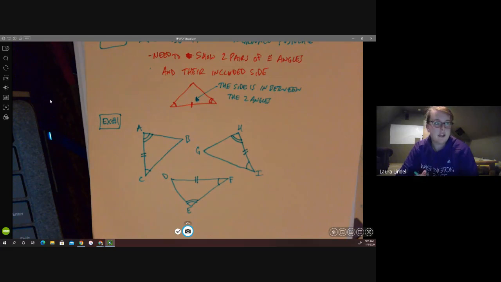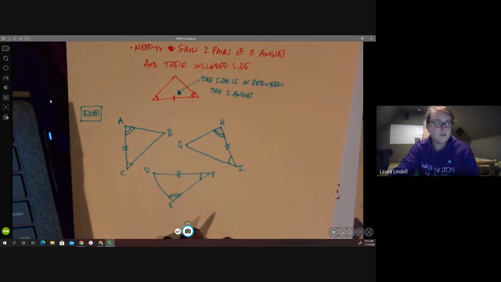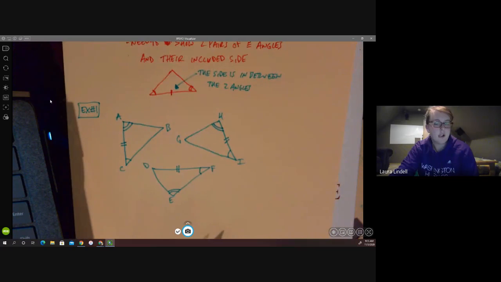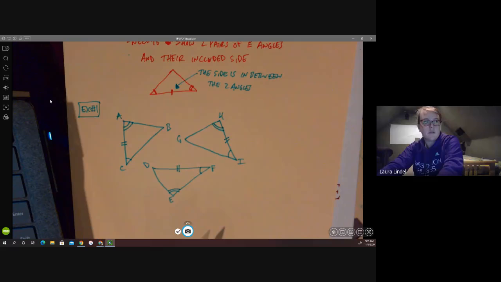And so we have to decide which two of them are congruent and write a congruent statement.